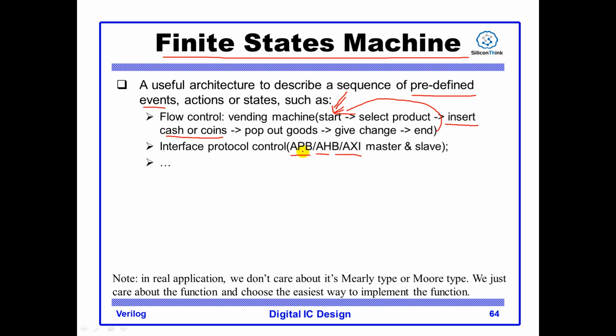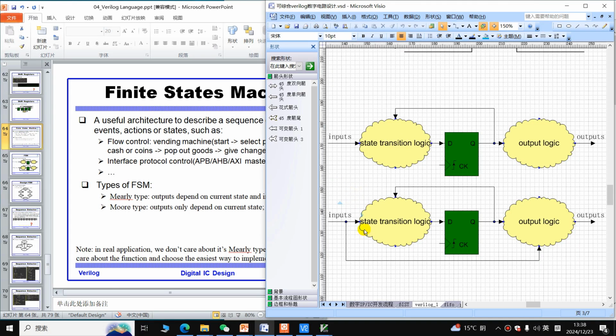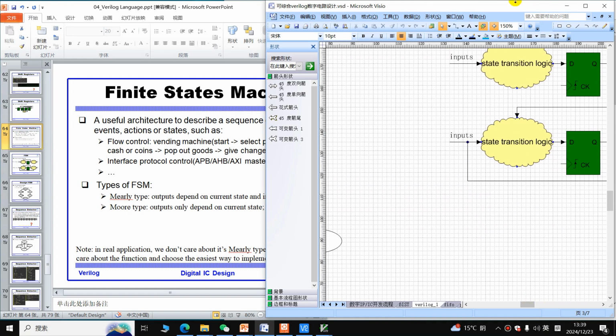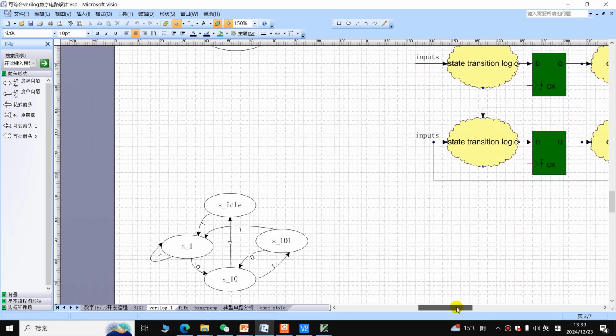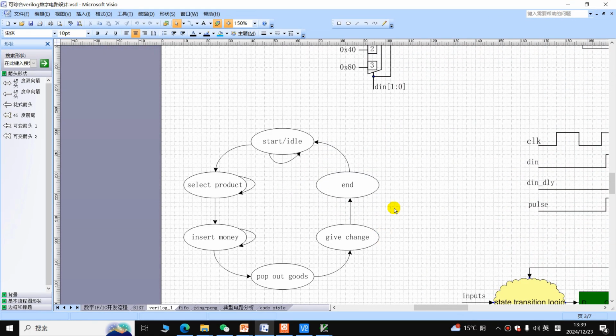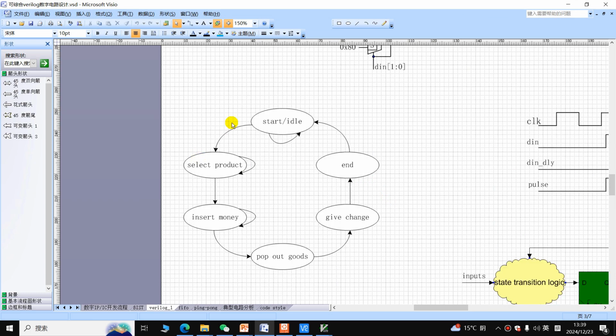What is AXI? I will introduce it several chapters later. So, for the vending machine, the transition of the states may be something like that.